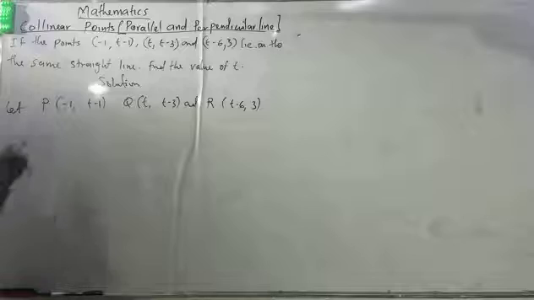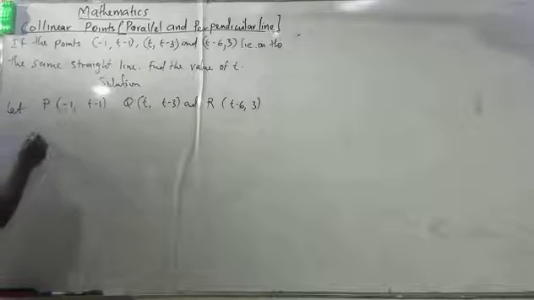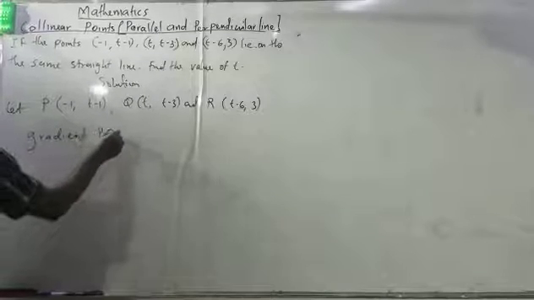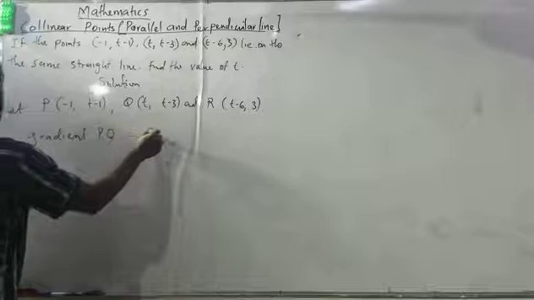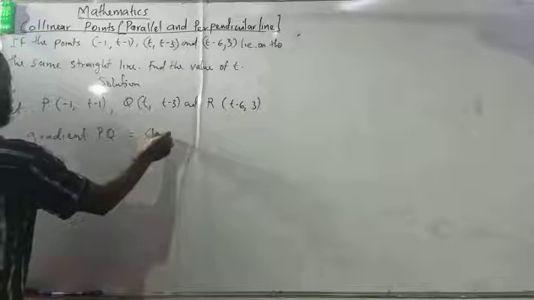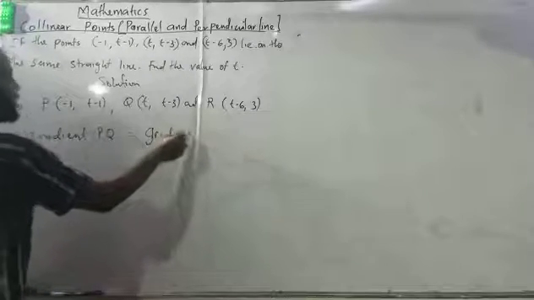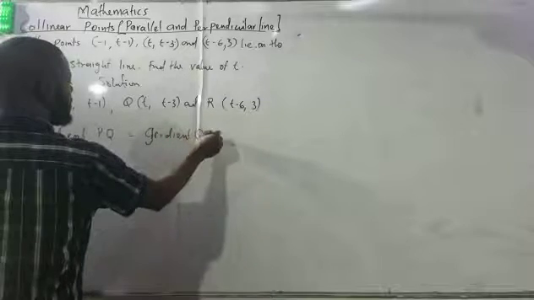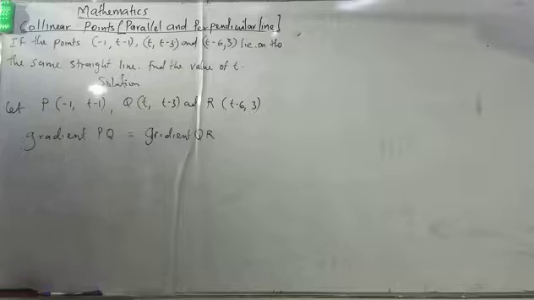Now, what you just need to do, you know that for this, you have to think towards collinear. For it to be collinear, you have gradient PQ equals to gradient QR.